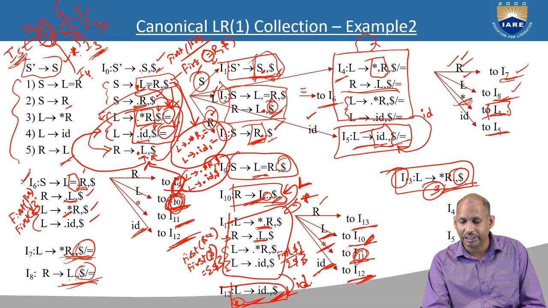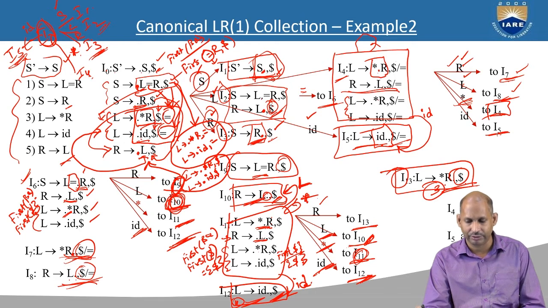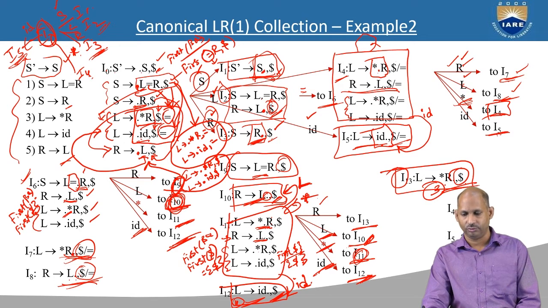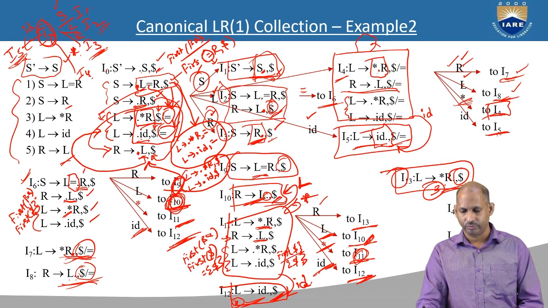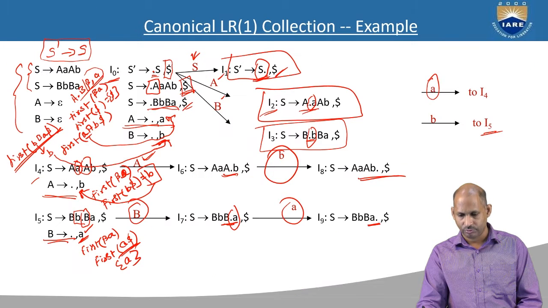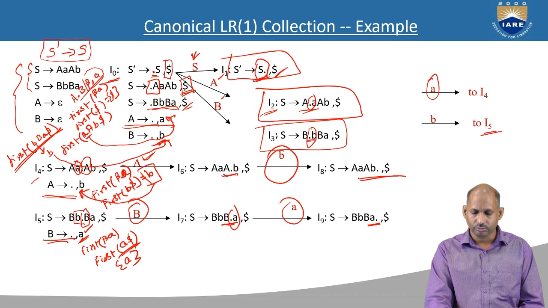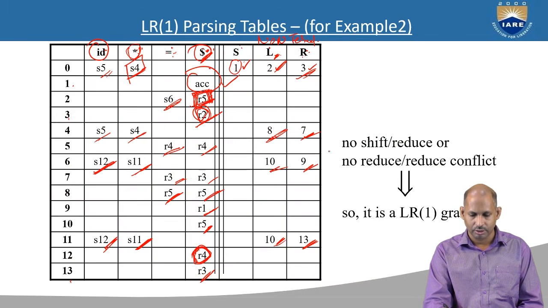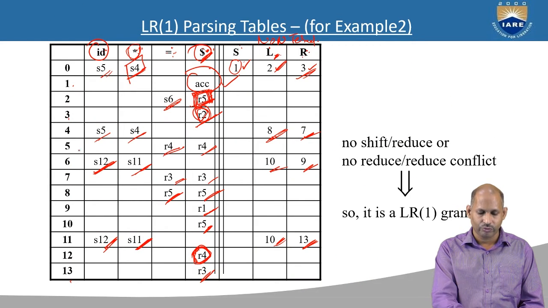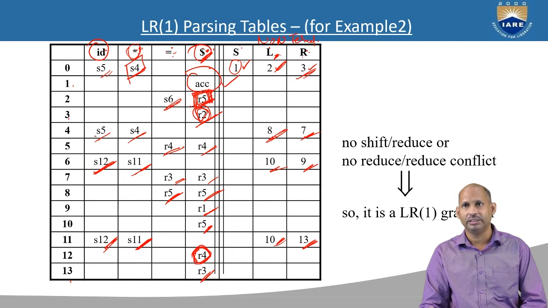Then on multiplication it is I4, on ID it is I5. So S4, S5. Is that clear?